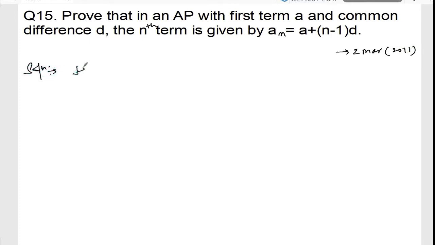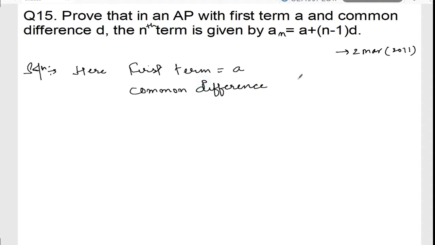Here the first term is equal to A, the common difference is equal to D, and the nth term is given by this much. So the first term and common difference we know.